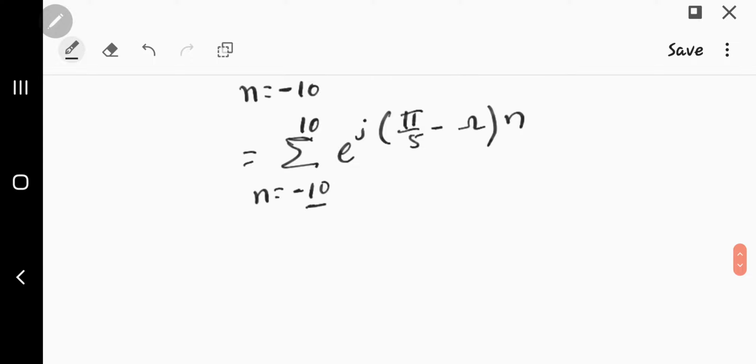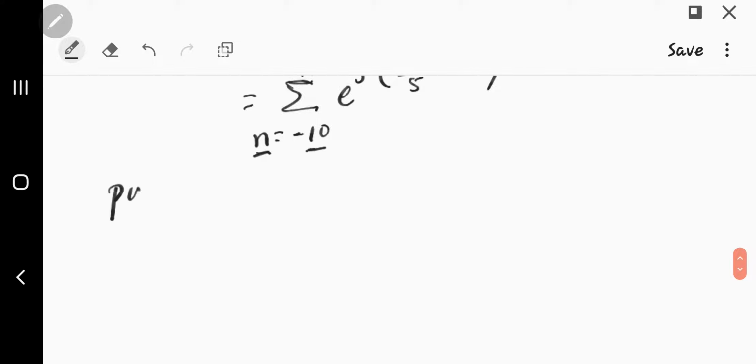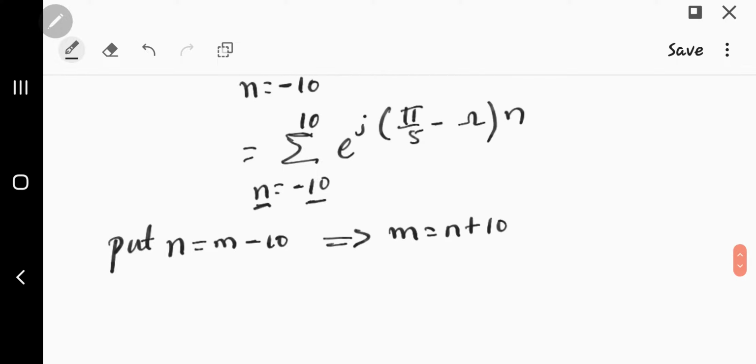So to make that happen, I will replace this n with some other variable. So I'll put n is equal to m minus 10. So that makes the lower limit as 0, and upper limit will be 10 plus 10, that is 20. So this allows me to write m is equal to n plus 10.